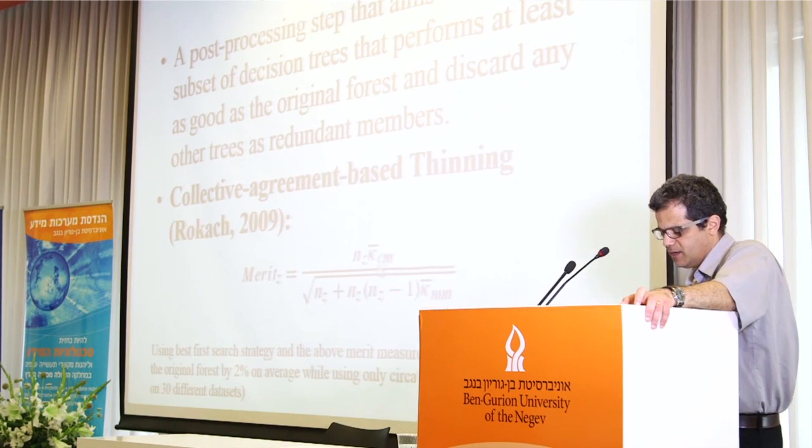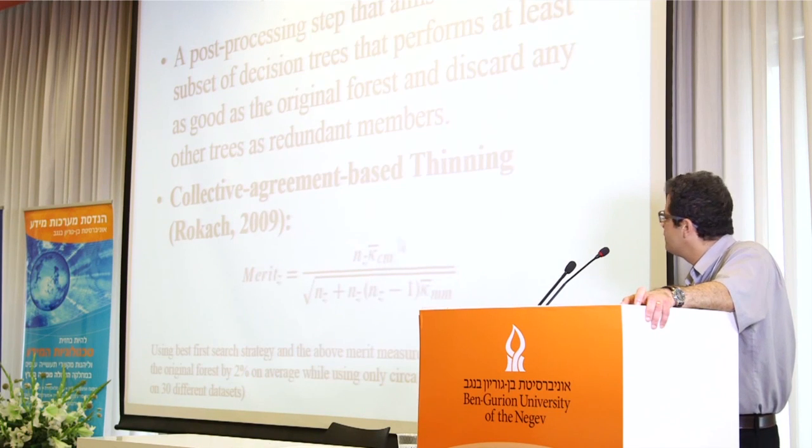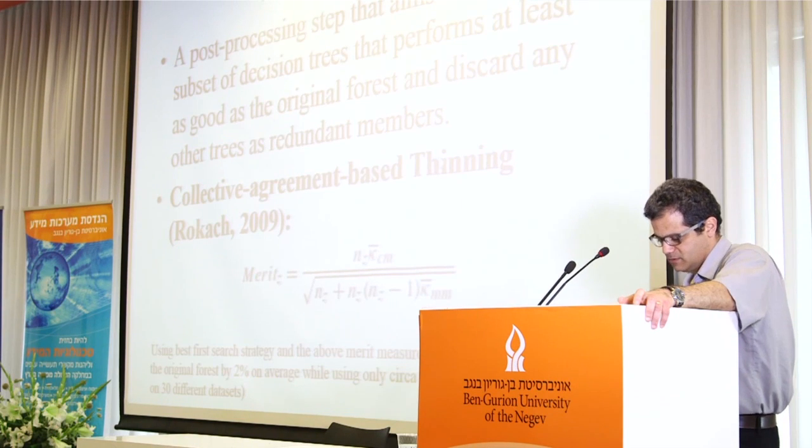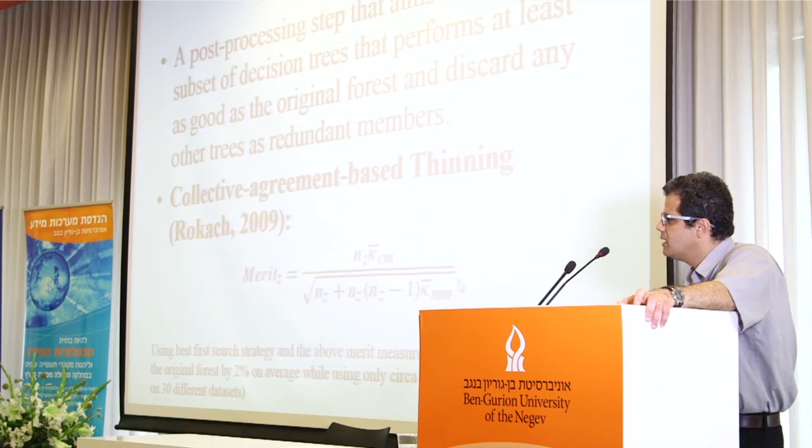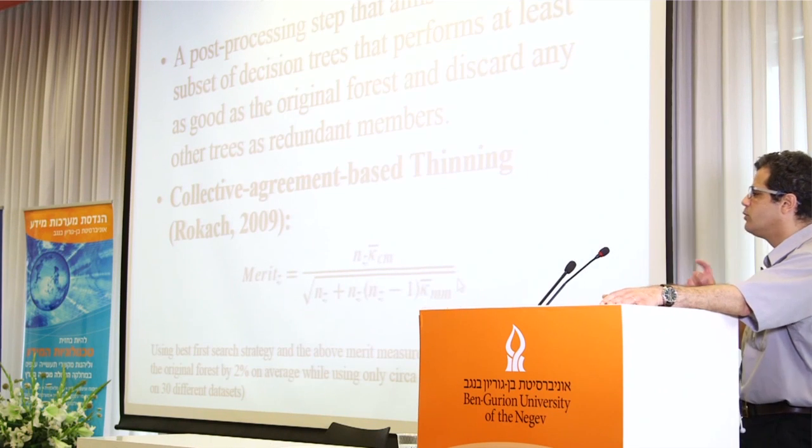As you can see here in the merit formula, we have two parts. The numerator measures the correlation between the trees and the target attribute. But in the denominator, I'm taking the correlation between the trees.